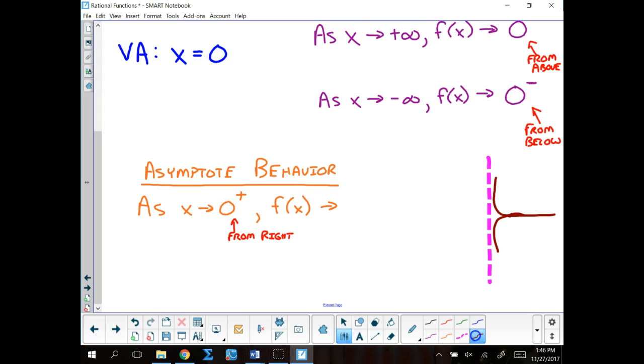So, my function again was 1 over x. So as x approaches from the right, that means I'm getting smaller and smaller and smaller, but I'm positive. Right? So a number divided by a small number, that's positive, is going to go to which kind of infinity? Positive infinity.